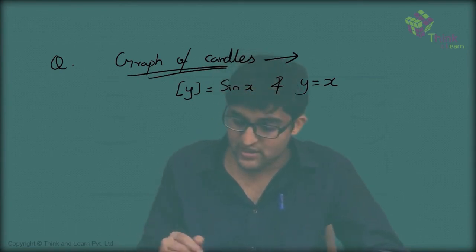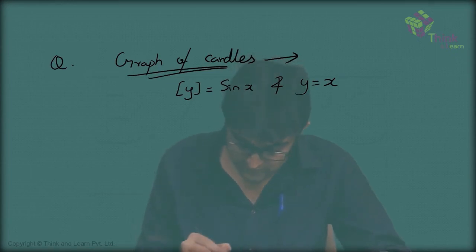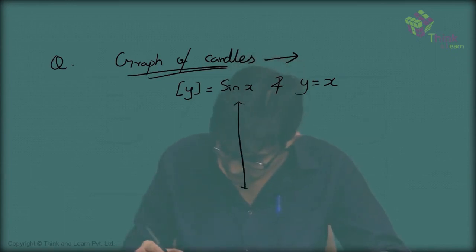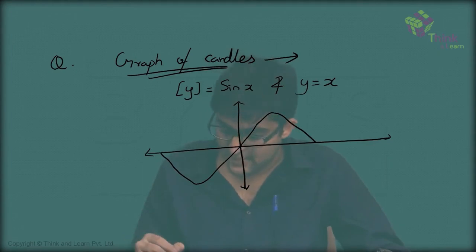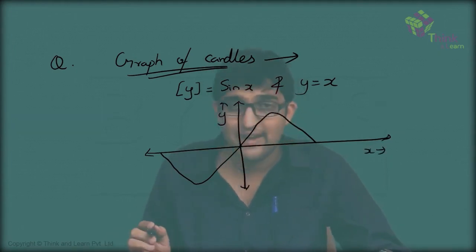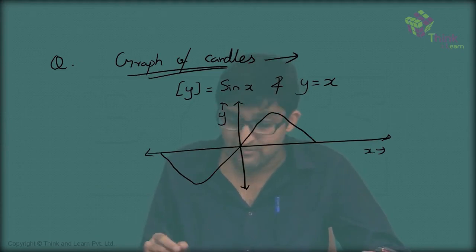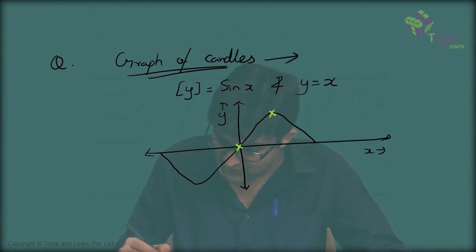Okay, so first of all, let's plot greatest integer of y is equal to sine x. Sine x, you know, is a function of this sort, right? When I'm talking about making y greatest integer, y value can only be integers. When are the y values integers in this case? You have one here, you have one here, you have one here, you have one here, and you have one here, right?